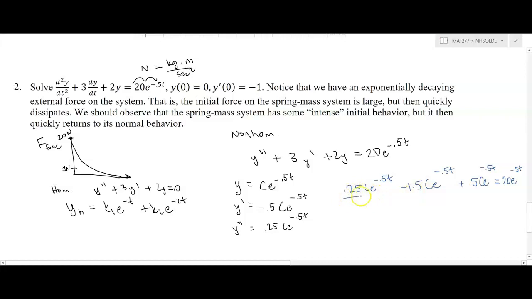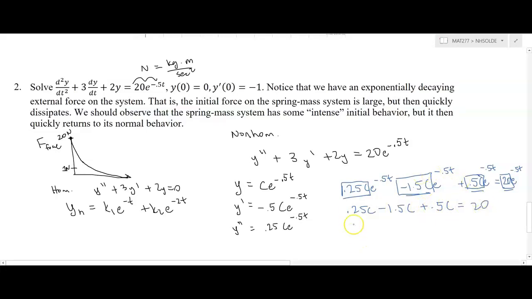What I see here is that the coefficients just have to equal 20. So this coefficient plus this coefficient plus this coefficient has to equal this coefficient. So 0.25 c minus 1.5 c plus 0.5 c has to equal 20.